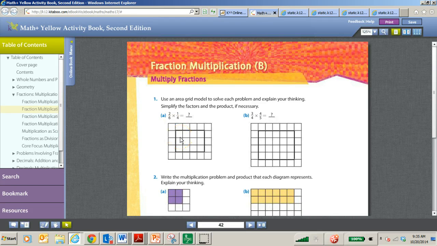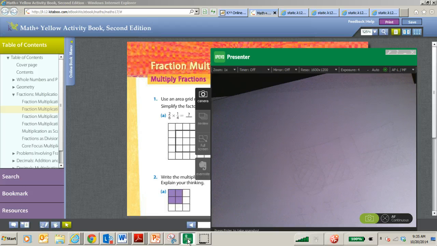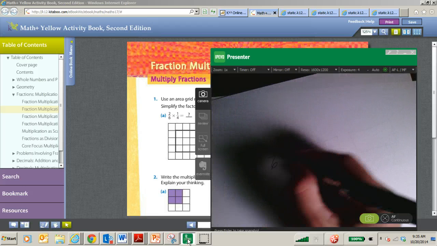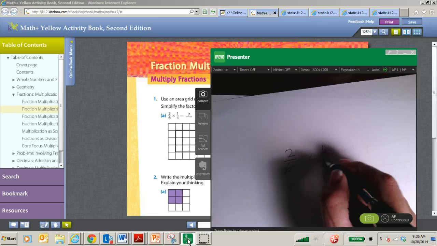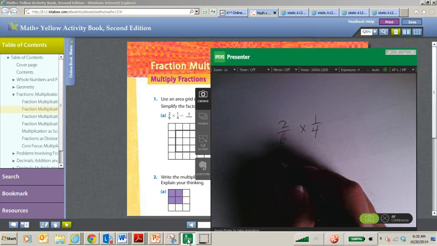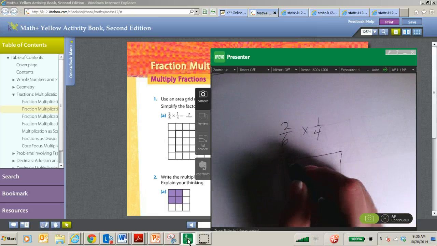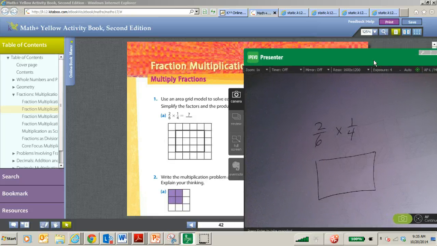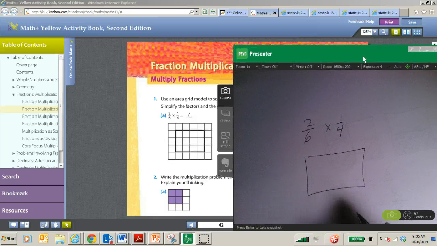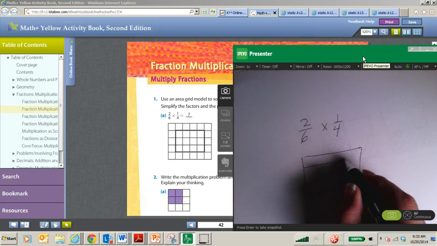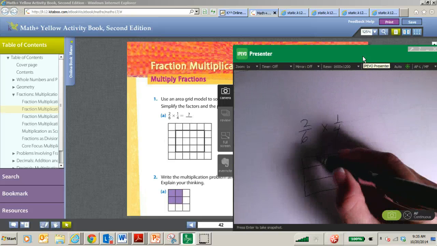So what I would do, and I'm going to show you this with my document camera as well. So if we have 2/6 times 1/4 actually, and then they have a box here, and their box, as we can see, has 3 rows this way and 4 rows this way.